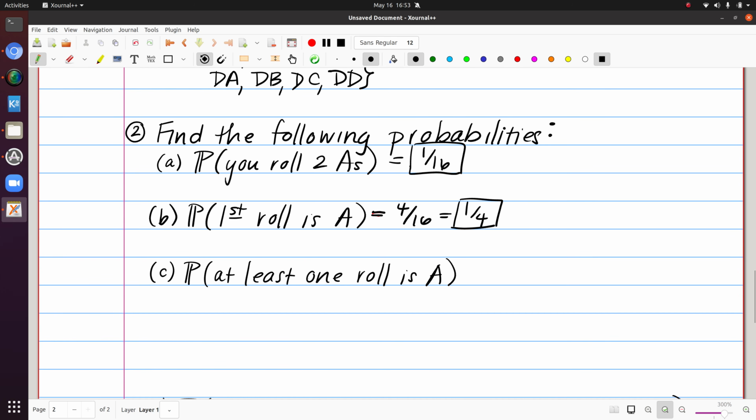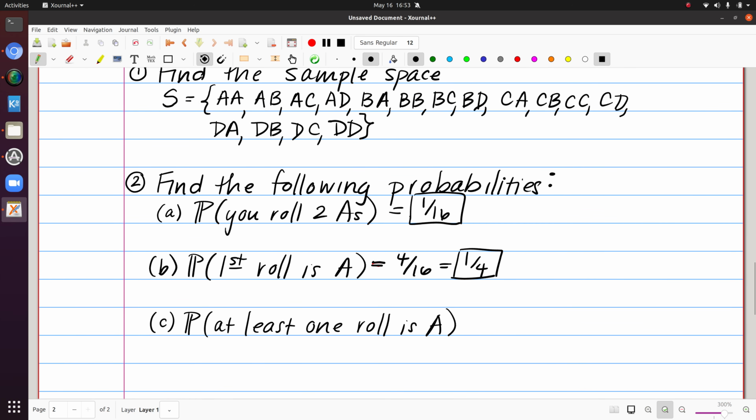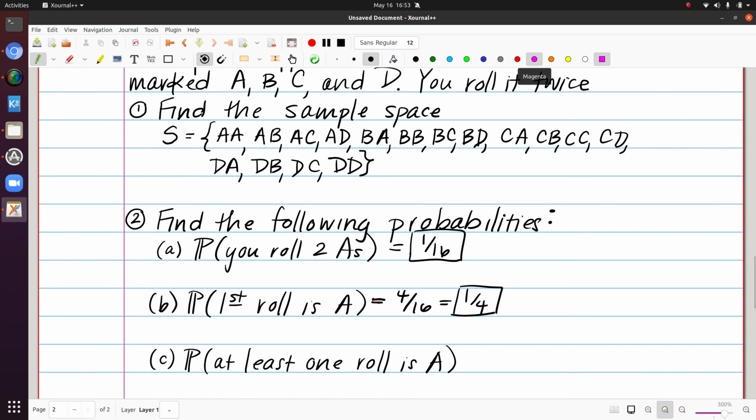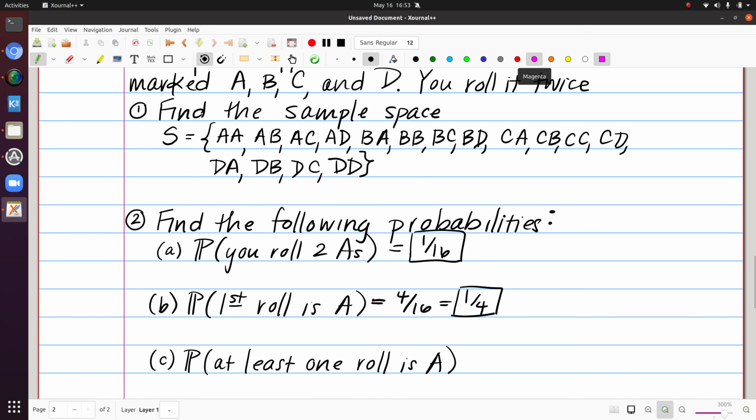The next part here says that the probability that at least one roll is A. So at least one roll being A, what we want to think about is that I'm going to look at each outcome and basically circle it if it has at least one A. So this allows for the possibility of 2 A's.